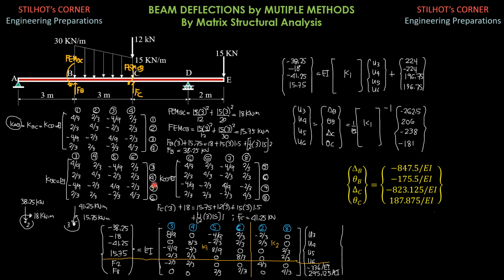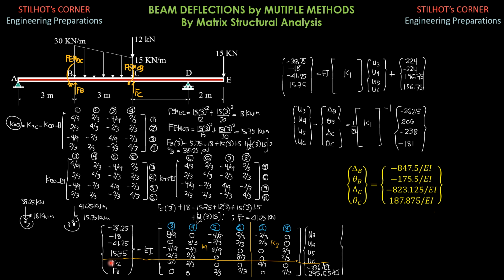So the force, the structural system stiffness for ABCD therefore is negative 38.25 downward, then negative 18 for F3, F4, then F5, negative 41.25, F sub 6 is positive 15.75, then F7, F8 known, F2, which is at A, then F8, which is at D. That's F2 and F8, which are known.